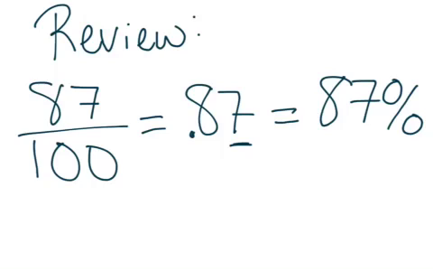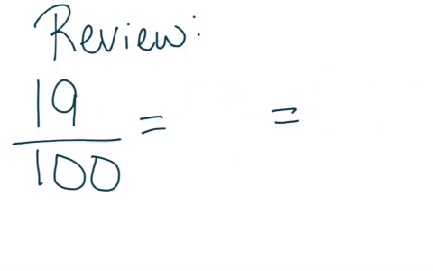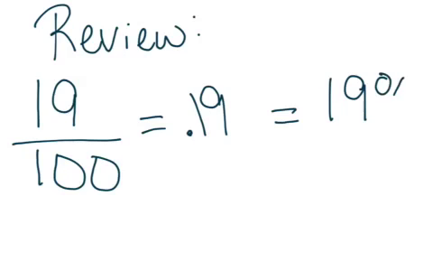Remember, the 8 is the tenths place and the 7 is the hundredths place. Another one is 19 over 100. In decimal form it would be written as 19 hundredths, and in percent form it would be written as 19%, because the 19 is over the 100. It's 19 per 100.